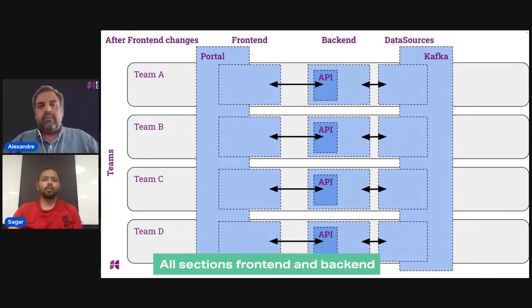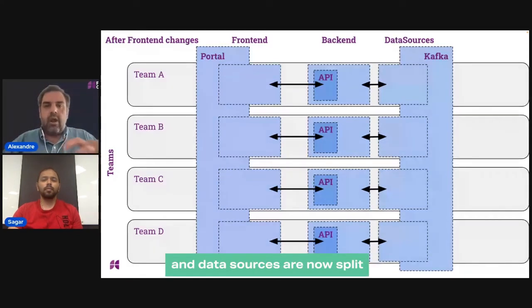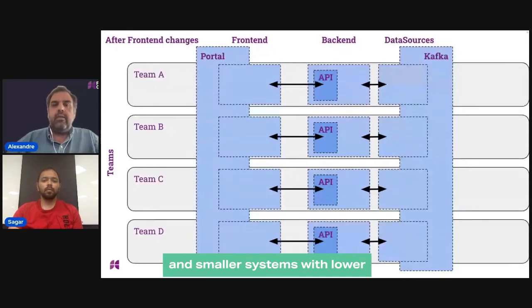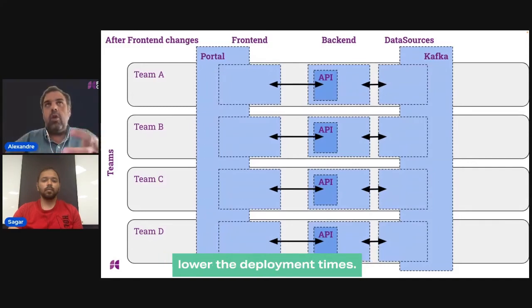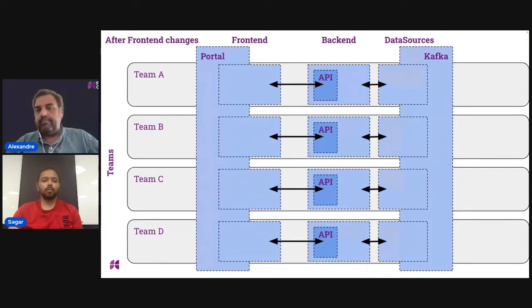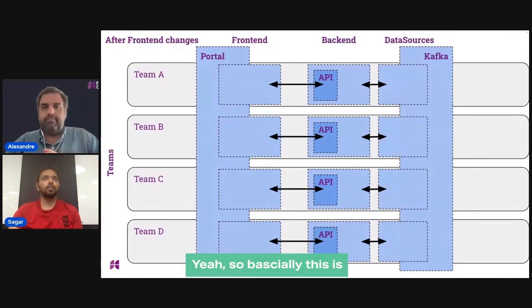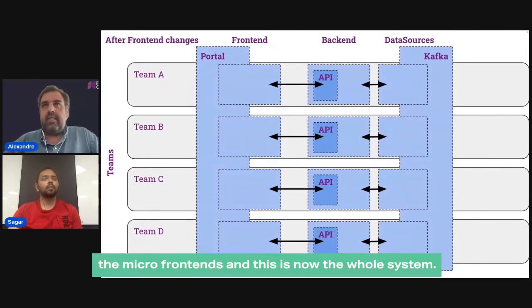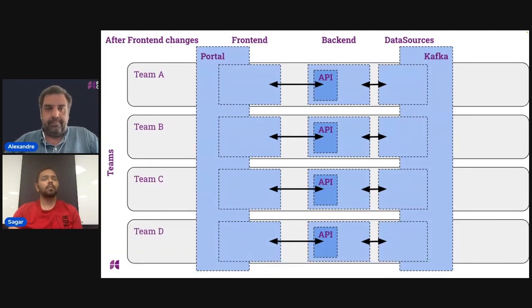All sections, front-end, back-end, and data sources are now split into independent, smaller code bases, making them easier to maintain, and smaller systems with lower risk of breaking something and lower deployment times. So basically this is the micro frontends, and this is now the whole system.